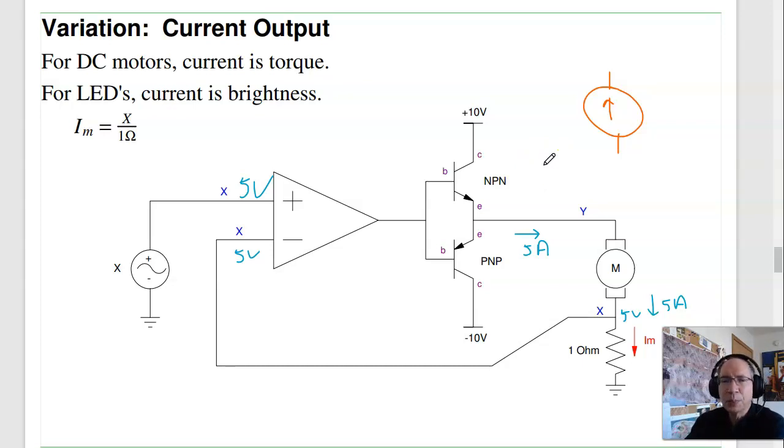The reason you want to use current is for LEDs, brightness is current. For DC motors, current is torque. So if I want to build a car and I want the input to be the speed of the car, that'd be voltage. If I want the input to be the torque, that's a current source. Let's see, where are we at?